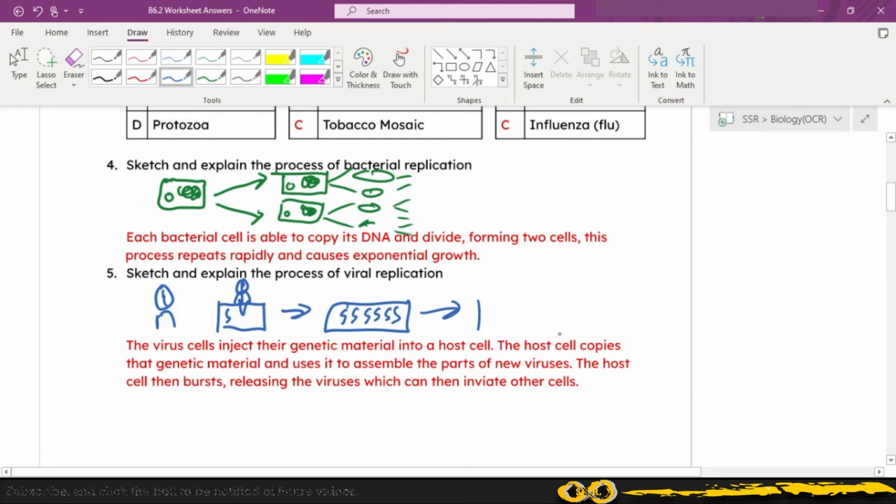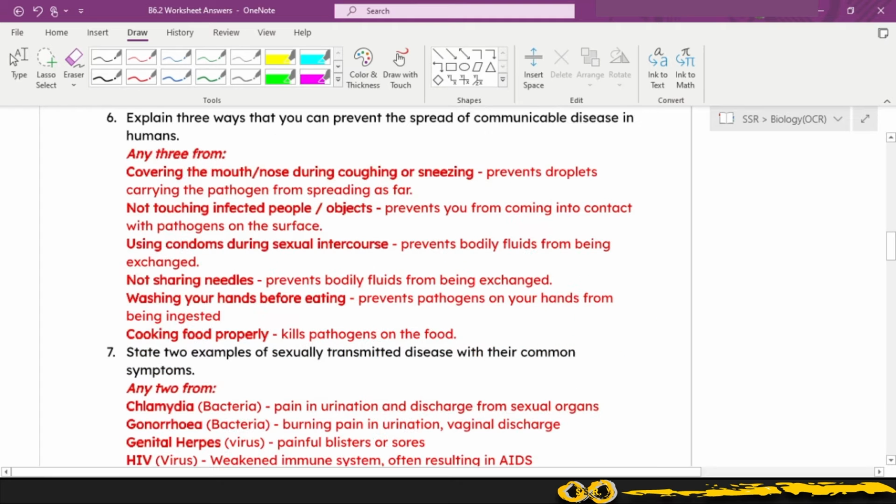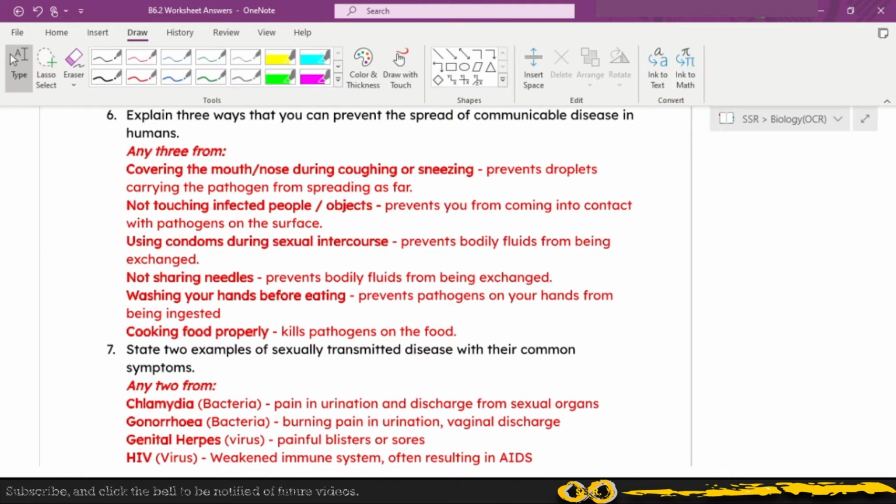Once it has done that, it will instruct the host cell to manufacture and assemble new viruses. And eventually, the host cell will burst open and those viruses will be released into the surrounding tissue, and or they could be coughed out by a person or sneezed out by a person and go on to infect other people and other cells.